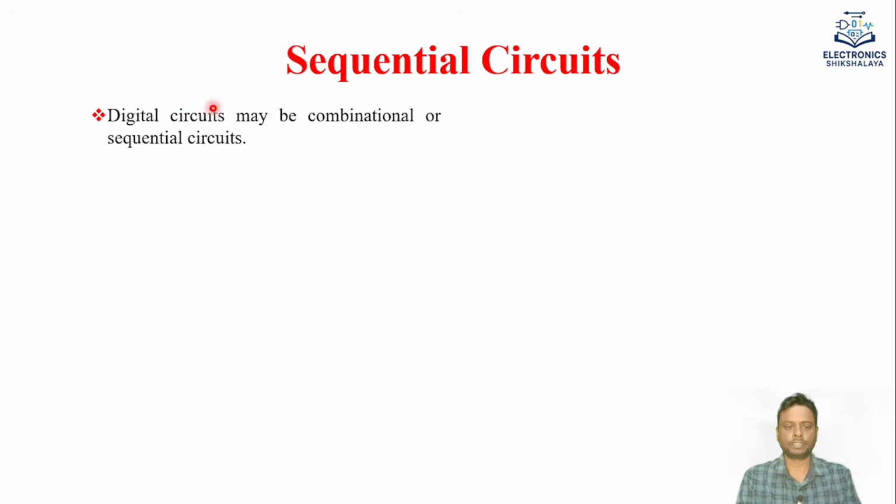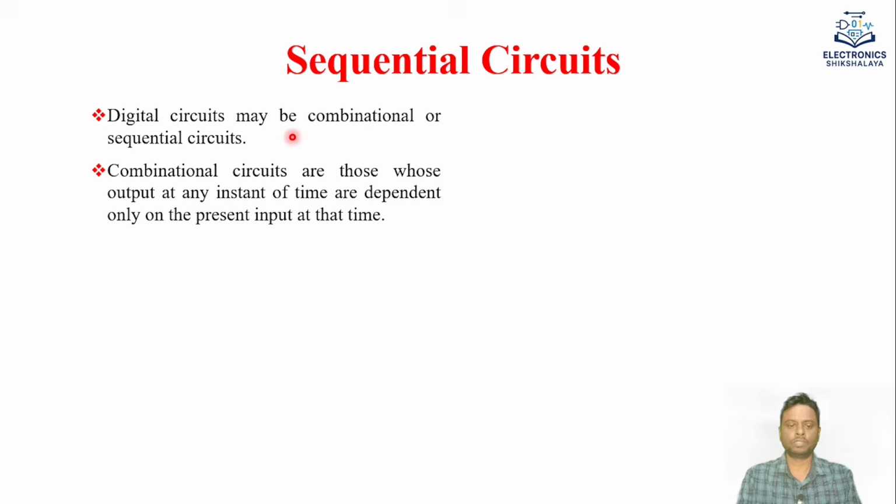Digital logic circuits may be combinational logic circuits or sequential logic circuits. As I have told you, combinational logic circuits are circuits in which the output at any instant of time depends only on the present input at that time. Suppose the output is y and the input is x.